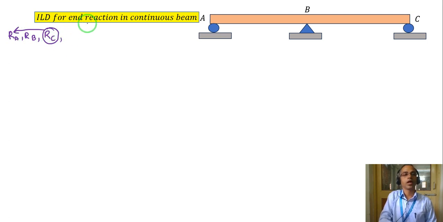Then I can have ILD for moment at some X section in any span, and shear at the same section, and also moment at the mid support.